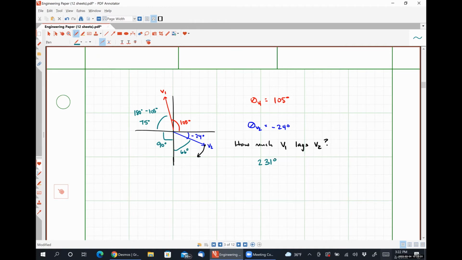WeBWorK literally cannot tell the difference between 15 degrees and 375 degrees or negative 345 degrees. Okay. So even though they are all equivalent angles, WeBWorK can't tell the difference between them.